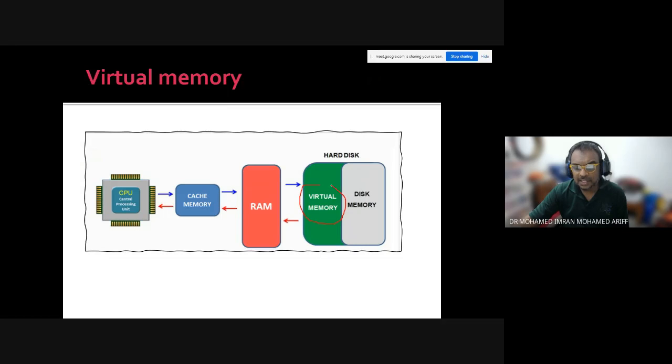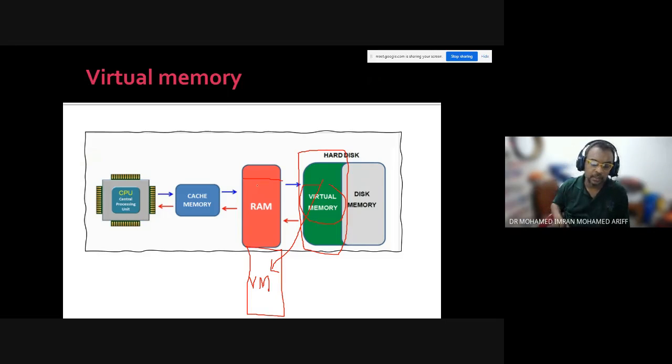Virtual memory is part of the hard disk. Because there is not enough space inside your RAM, the operating system will take part of the hard disk, create a virtual memory, and put it down inside here. I write it as VDM. So now your RAM is much bigger than the original RAM size.